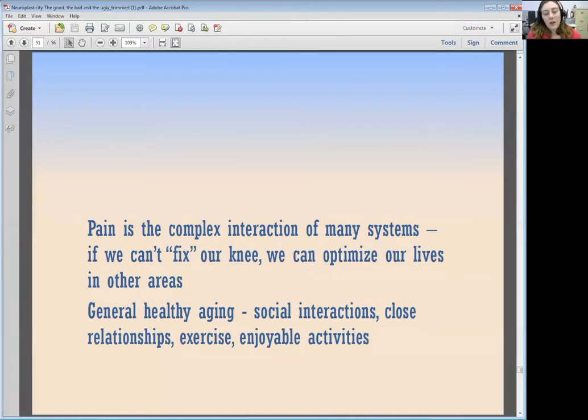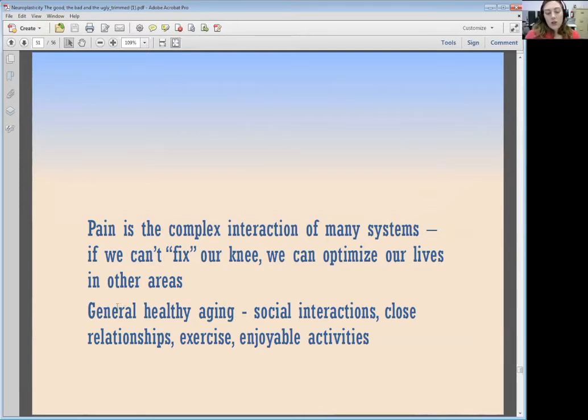Another message I think is important is to remember that pain is a very complex interaction of many systems, and in particular a complex interaction of many parts of the nervous system. So we may not be able to fix a particularly painful part of our body, for example our knee, but we can certainly work on optimizing our lives in other areas so that we can minimize the effects of the pain in our knee.